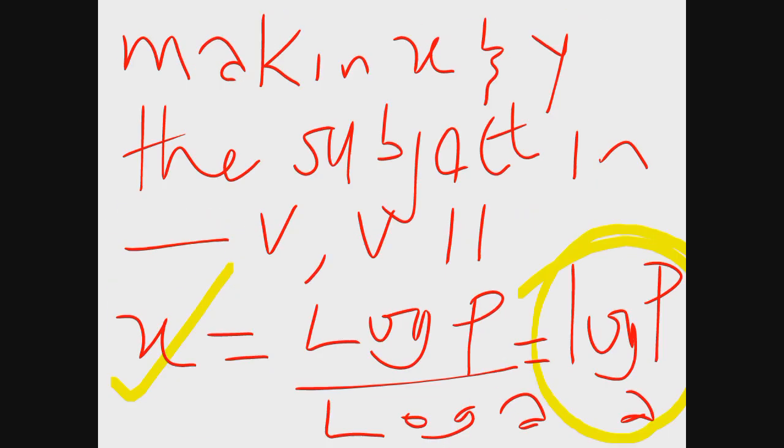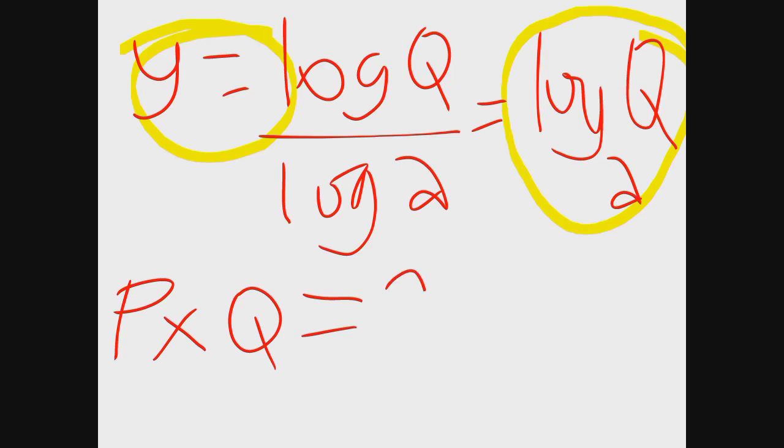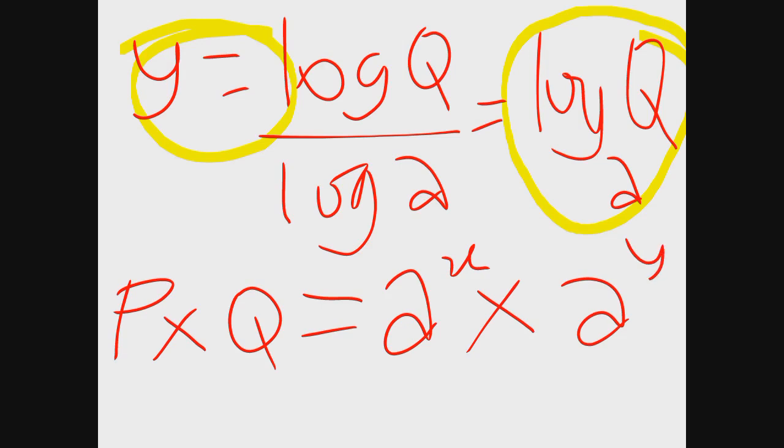So now, let's multiply p and q. p multiplied by q will give us a raised to power x, because our p is equal to a raised to power x, multiplied by a raised to power y, because our q is equal to a raised to power y.